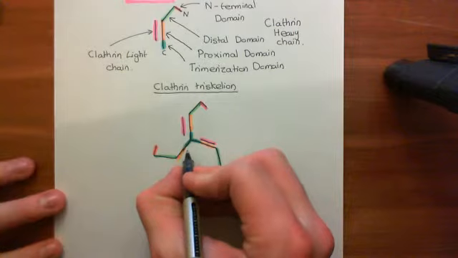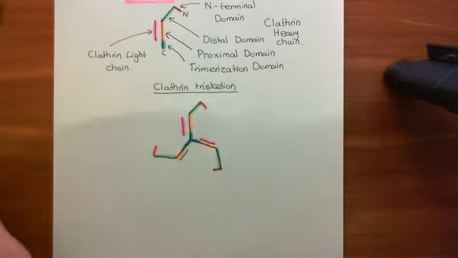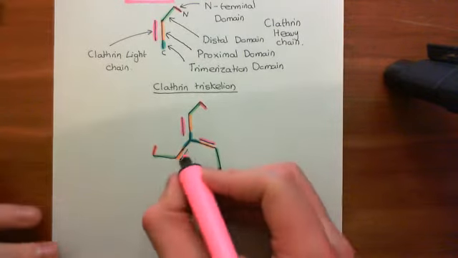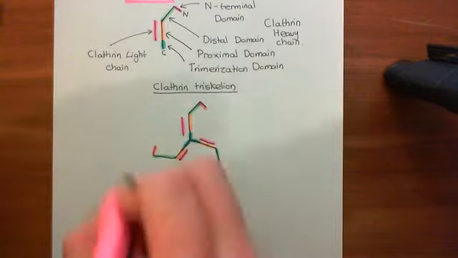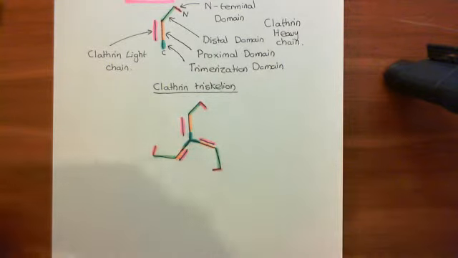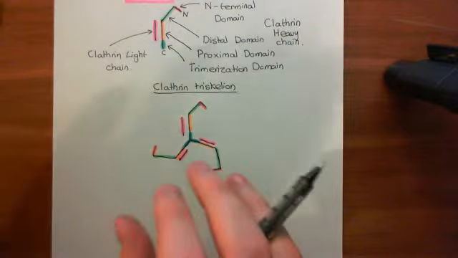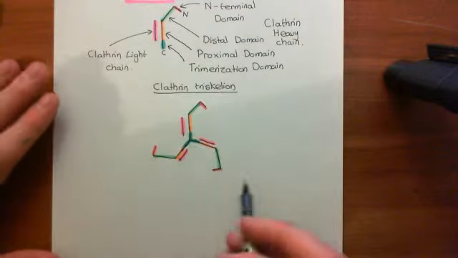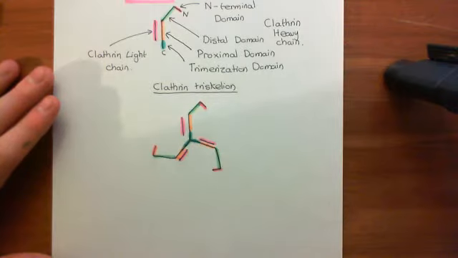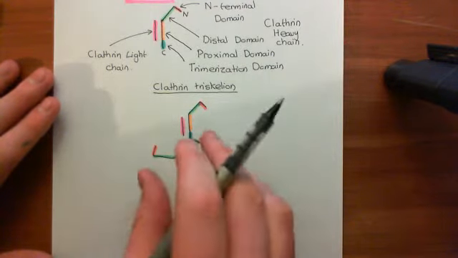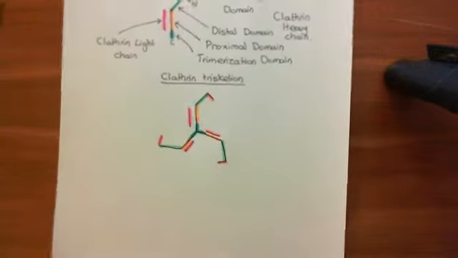And then associated with the proximal domain, you then have a light chain. So this is the structure of a Clathrin triskelion. You trimerize 3 Clathrin monomers together to get a Clathrin triskelion, and this is the form that Clathrin generally exists in within the cell.